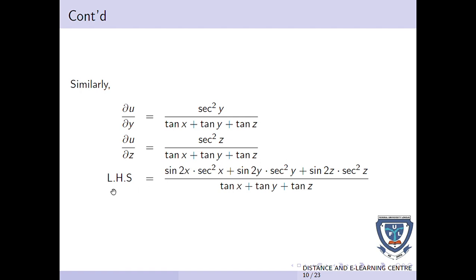So the left hand side will give us sin 2x times sec squared x plus sin 2y times sec squared y plus sin 2z times sec squared z all over tan x plus tan y plus tan z.